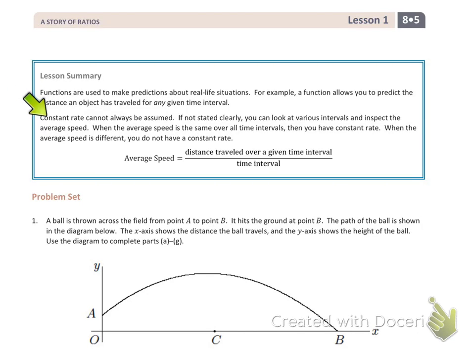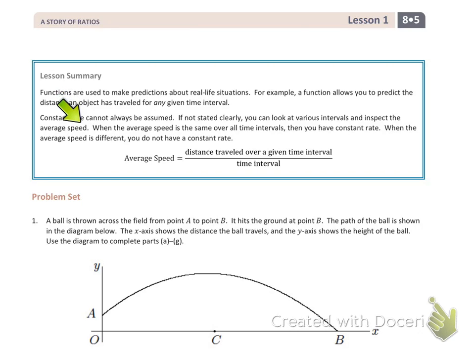So we saw that constant rate, and we've talked about this in Module 4 too, we can't always assume constant rate. A lot of times constant rate, even though it's not actually what's happening, is good enough to be a good predictor, but it wasn't in this situation, not with falling objects. It didn't give us good predictions at all.